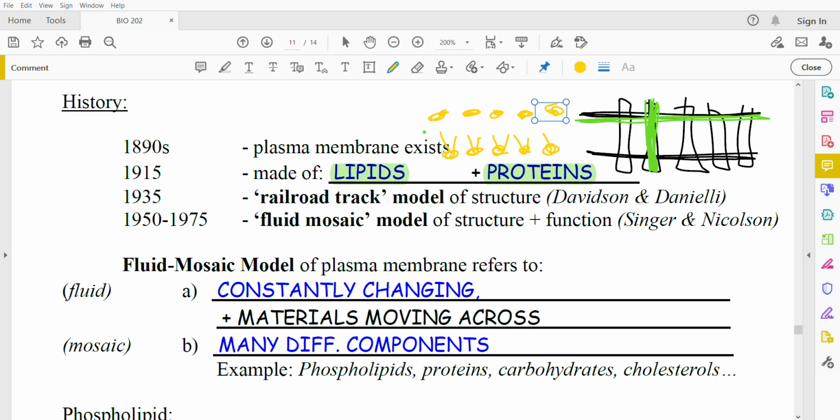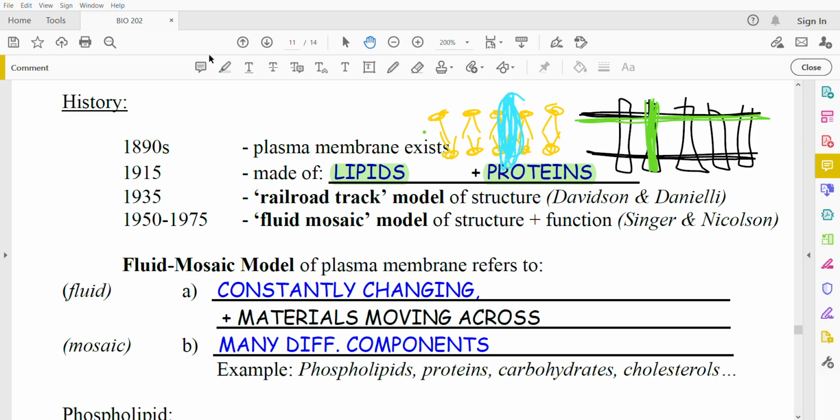So Davson and Danielli just had that wrong way around. And then we also know, of course, that what goes through the plasma membrane are proteins. That's not the prettiest drawing, but I hope it helps you to notice that.